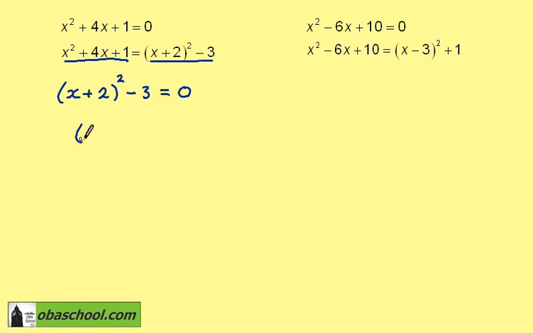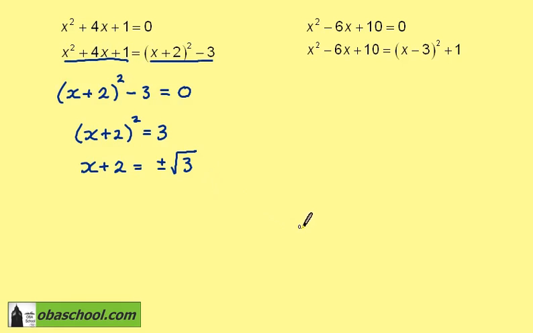If we add 3 to both sides of this equation, we have x plus 2 all squared is equal to 3. Square rooting both sides gives x plus 2 is equal to plus or minus the square root of 3.